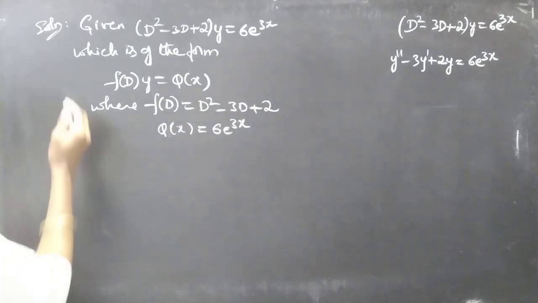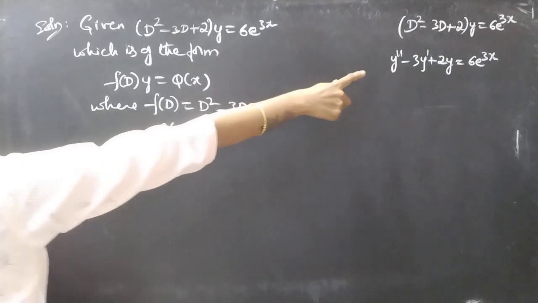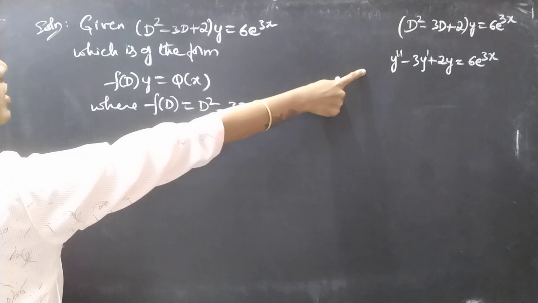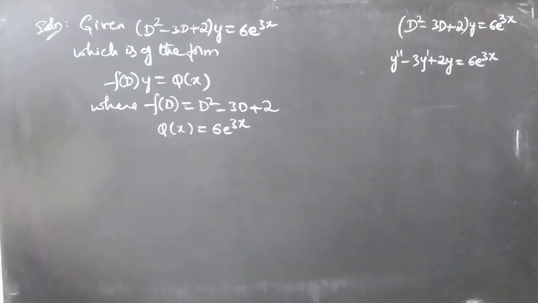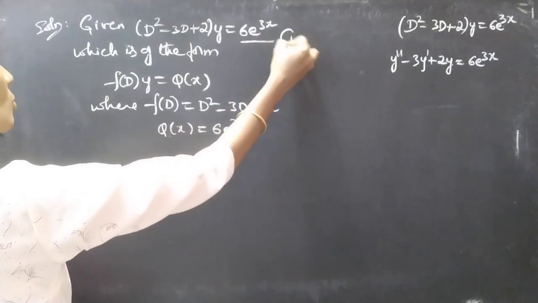And also we can write the given equation as y'' - 3y' + 2y = 6 e^(3x). Consider the given equation as equation number 1.